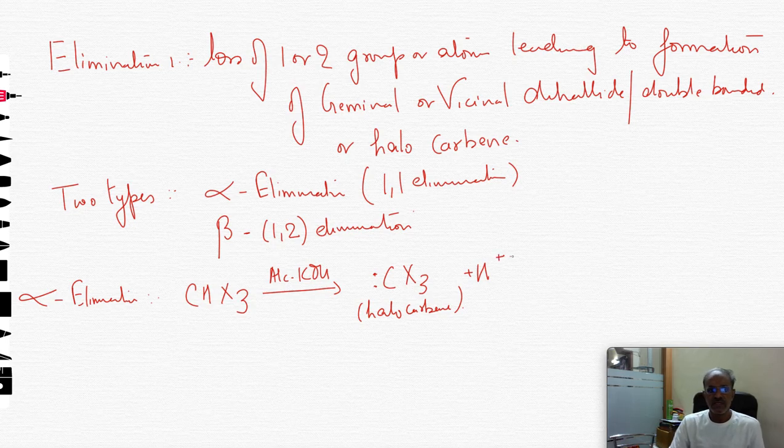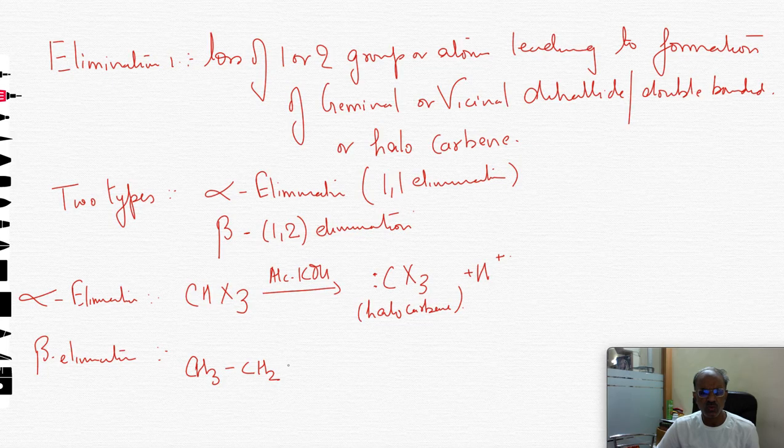Now, similarly, we will see beta elimination reaction. Basically, beta elimination is nothing else but, I'll give you an example: CH3, CH2, CH2 bonded to a leaving group, LG.